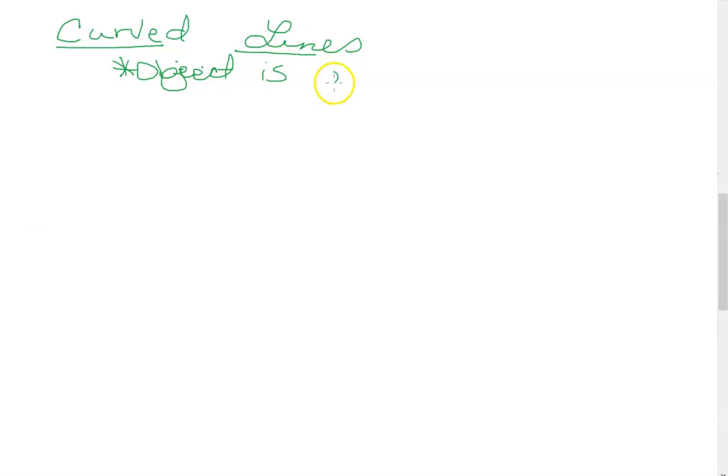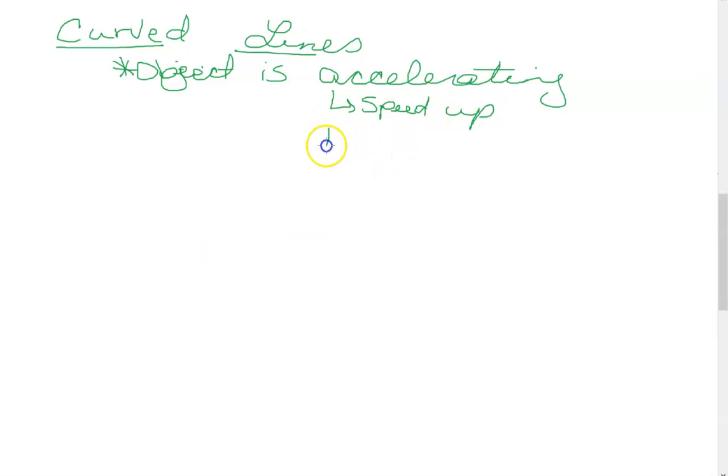Curved lines is either speeding up or slowing down. In other words, the object is accelerating. And accelerating does mean speeding up or slowing down, so it could be either one. It could be speeding up and it could be slowing down.